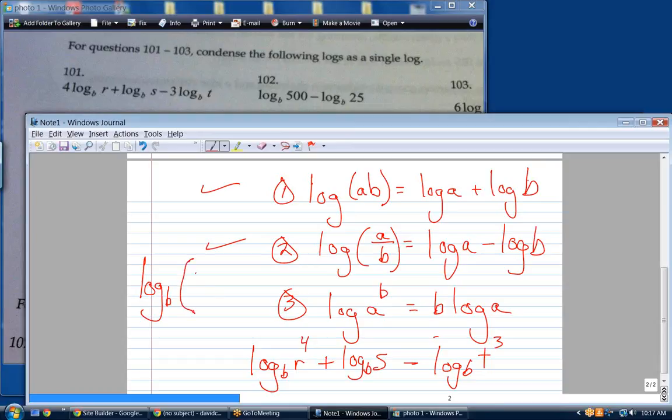Therefore, I'm going to multiply those. And I'm subtracting t to the 3rd. So there's your answer. That's fully compressed. And do you see why? I don't want to go on if you don't get this.